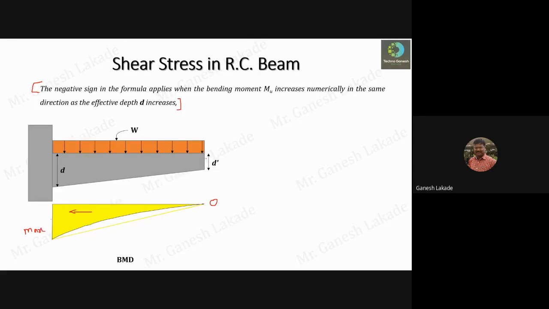If you see this, at the free end the depth is minimum, and as you move in this direction, that is the same direction in which the bending moment is increasing, the depth at this end is more. So the statement says the bending moment MU increases numerically in the same direction as the effective depth D increases.